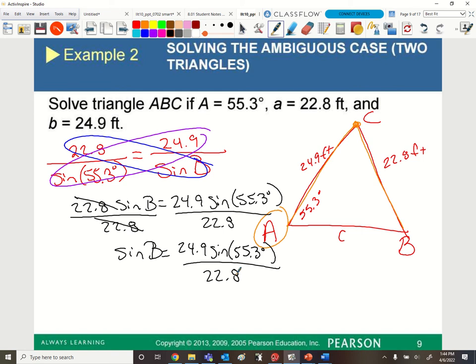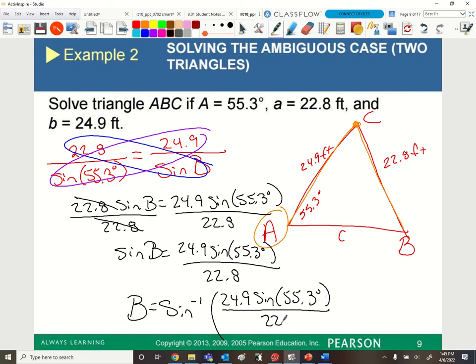It's just putting it together in a different way. So we're doing the inverse because we're trying to find the angle. So big B is equal to inverse sine of 24.9 sine of 55.3 degrees over 22.8.